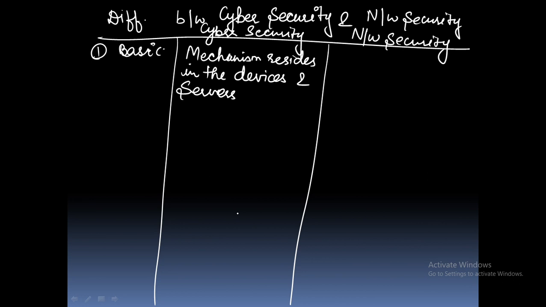According to network security, the basic difference is that it serves as a facility to protect data which is flowing over the network.